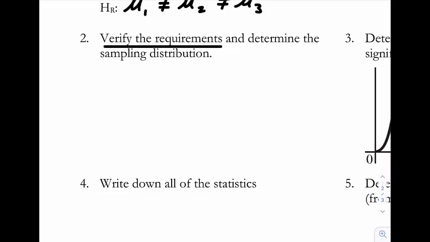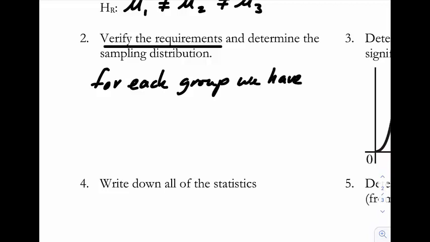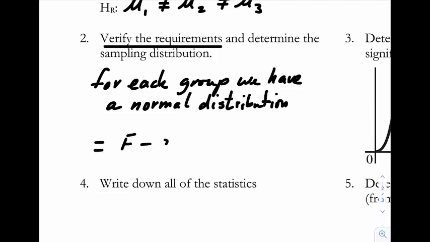So for each experiment group, we have a bell-shaped curve, normal distribution, and therefore that implies we can go ahead and grab the F distribution, and that's short for Ronald Fisher.